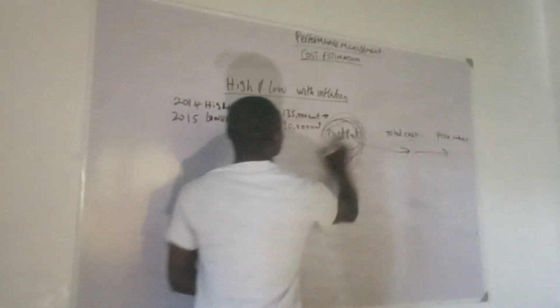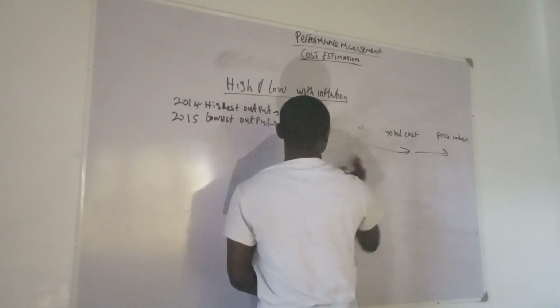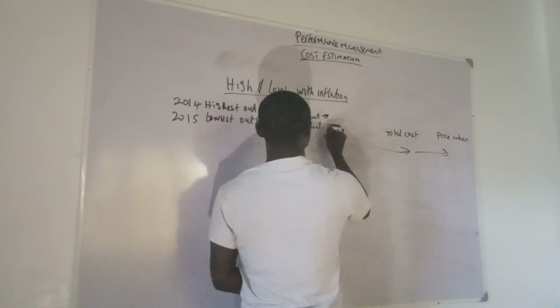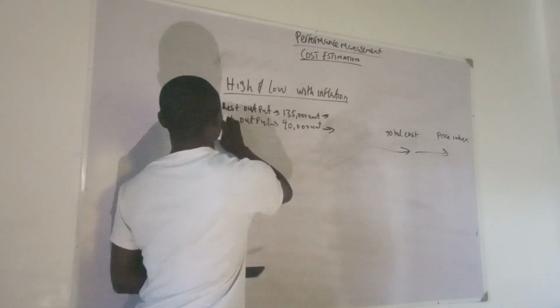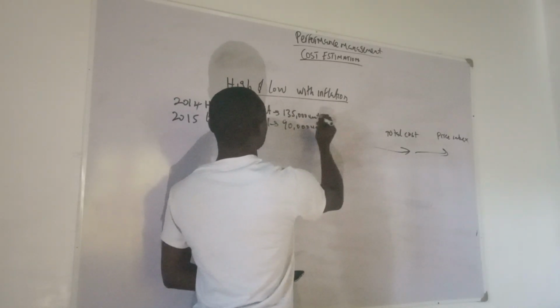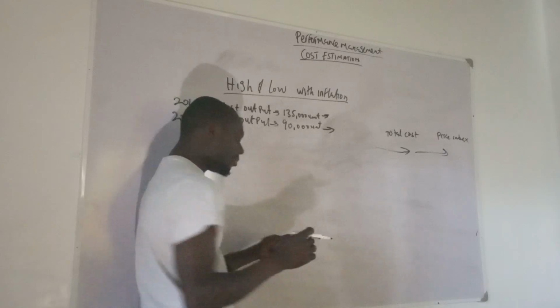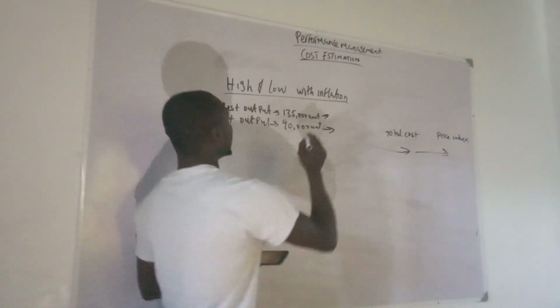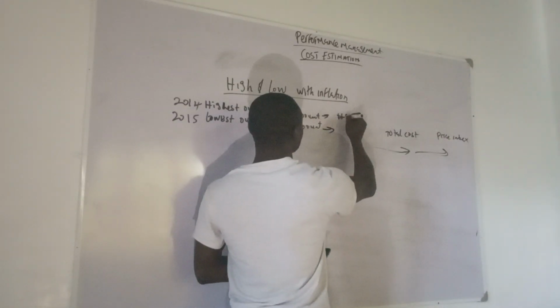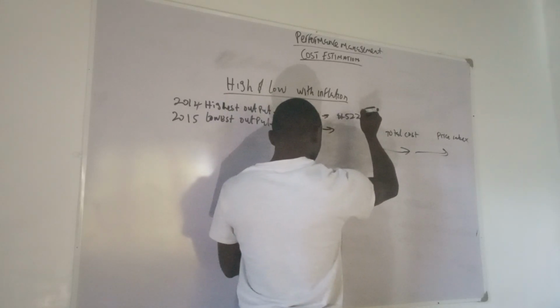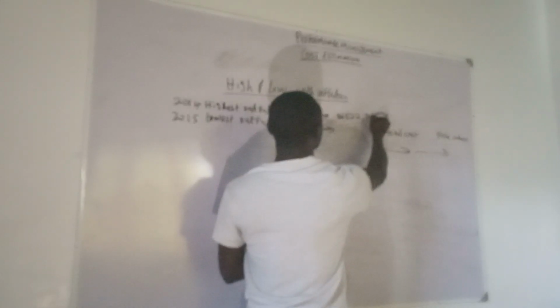Alright, now if we trace 135 units in our question, what is the cost? The cost is 522,750.